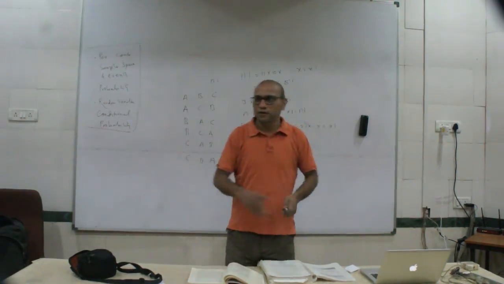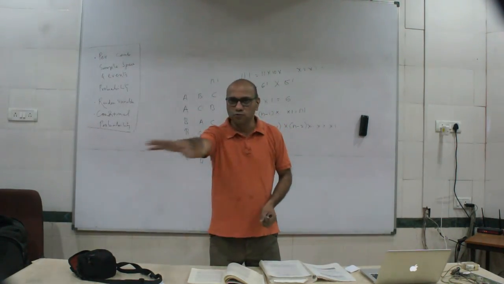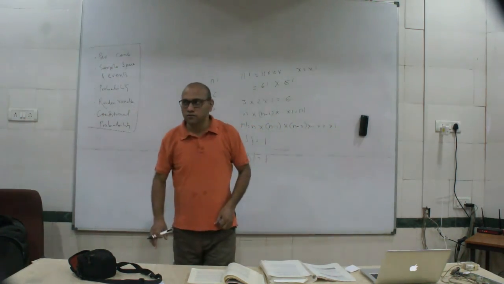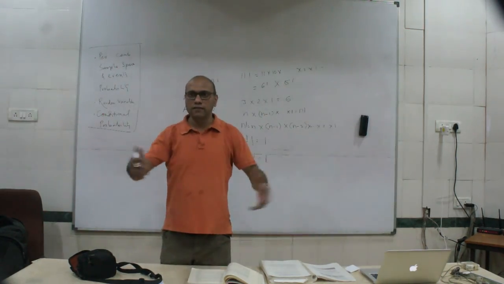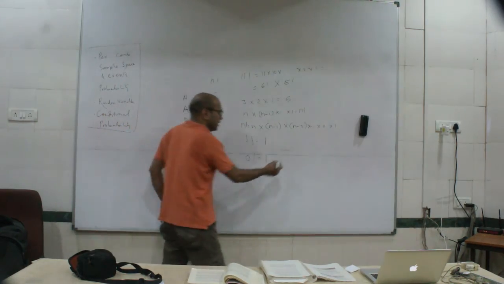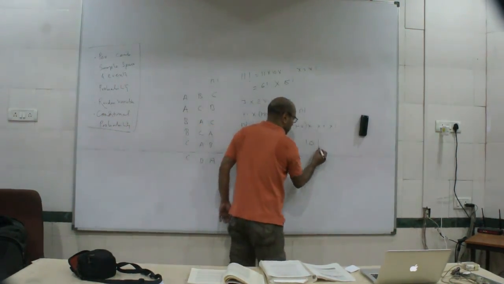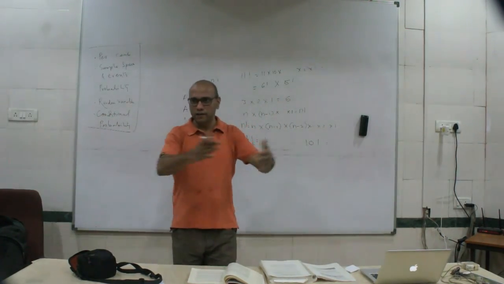All of you are sitting in a straight line, right? We assume that 10 people are sitting in order. So how many different ways can 10 people sit in order? 10 factorial, right? 10 factorial ways would exist in which 10 people can sit in order.